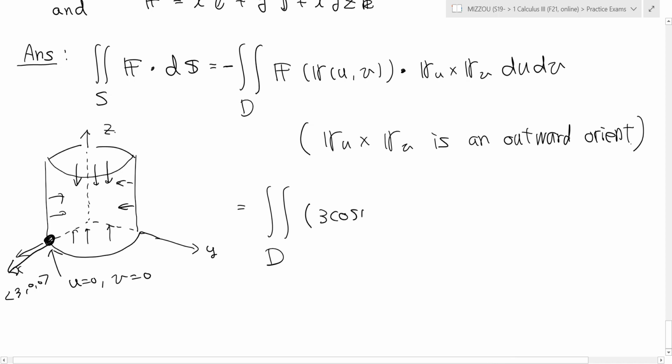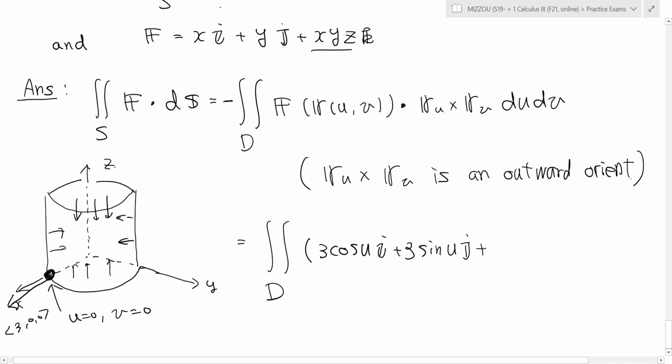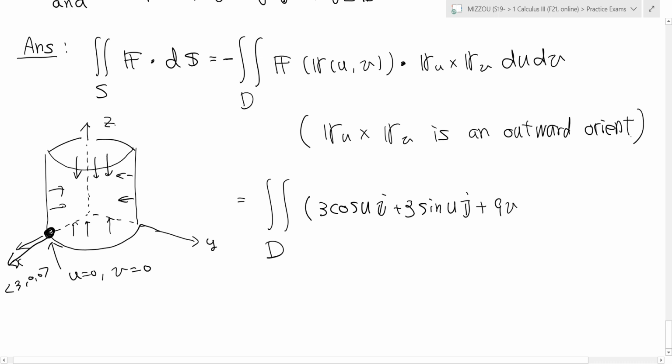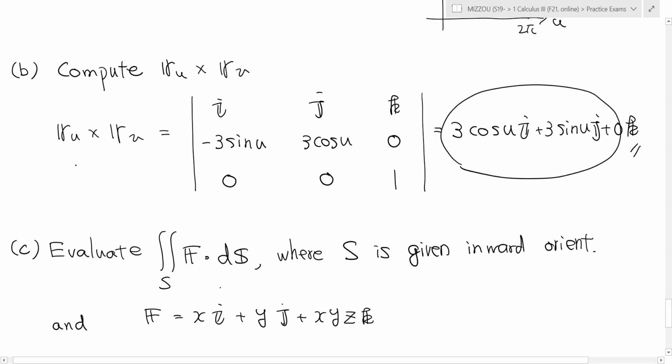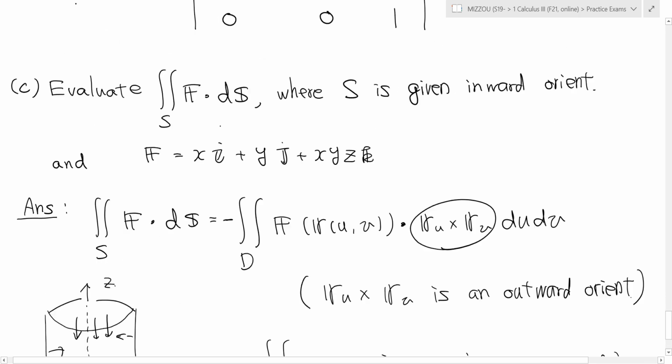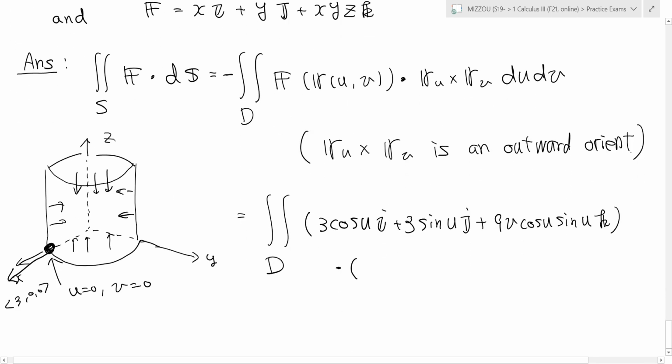Then you get 3 cosine u i plus 3 sine u j plus, multiplying all those three, 9v cosine u sine u k, and you take the dot product with this vector, which is the same as this one here. Fortunately, the last term is 0, so you get some cancellation.